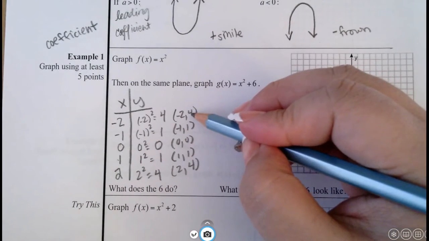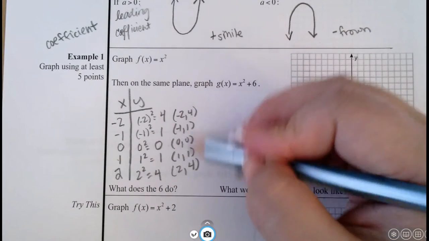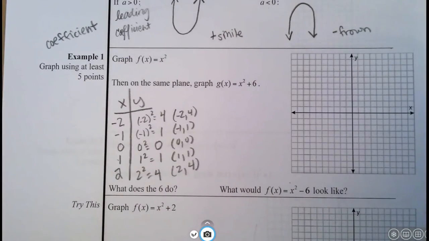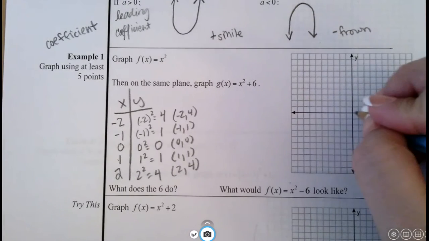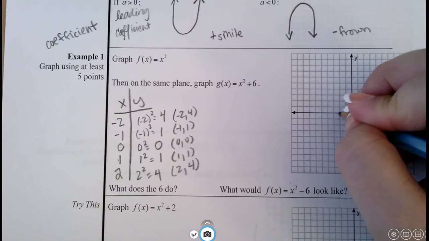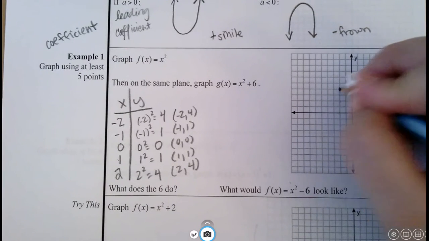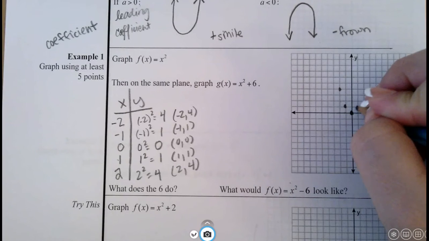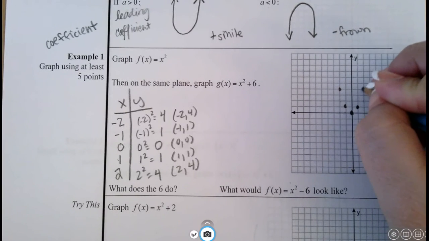Notice how these y values kind of have this symmetry to them. 4, 1, 0, 1, 4. That's going to be a property of parabolas. So we go (-2, 4), (-1, 1), (0, 0), (1, 1), (2, 4).